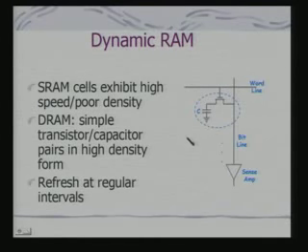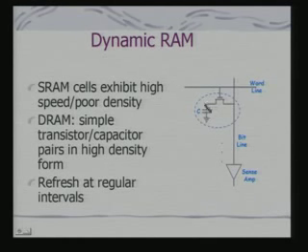Next, we look at dynamic RAM. SRAM cells exhibit high speed but poor density. DRAMs are expected to have high density. Why high density? Because they are actually using a simple MOS capacitance to store data.